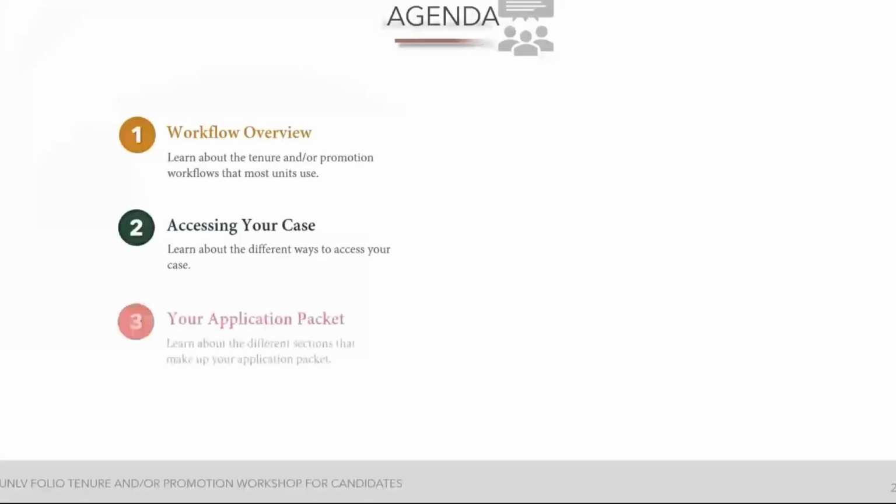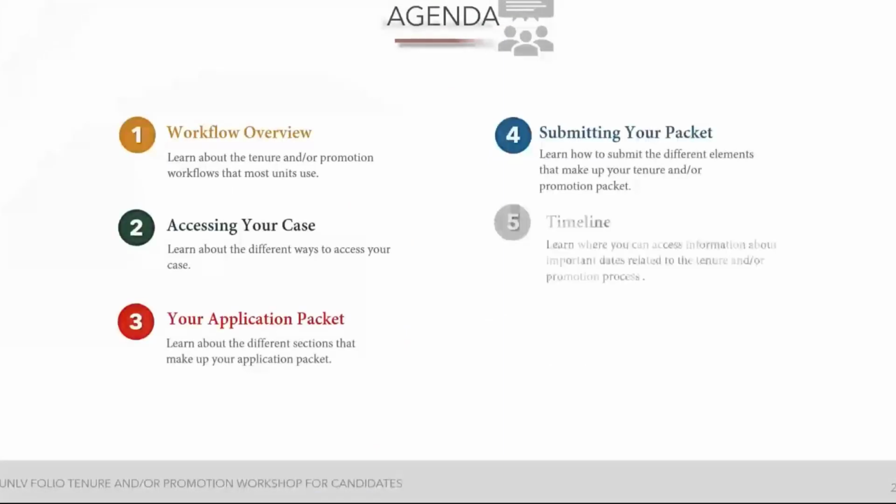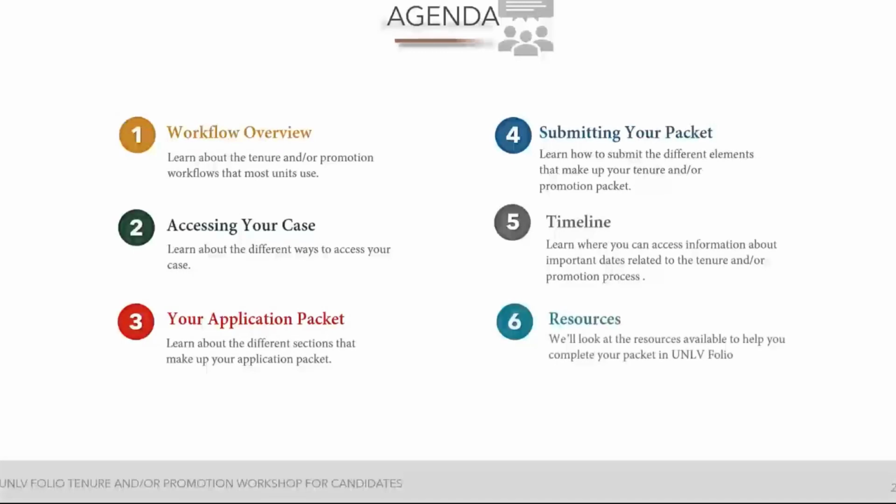So to begin, I wanted to start off with taking a high-level look at the workflow that occurs through UNLV Folio once you submit your application packet. We'll then go over how you can access your case, learn about the different ways to access that.